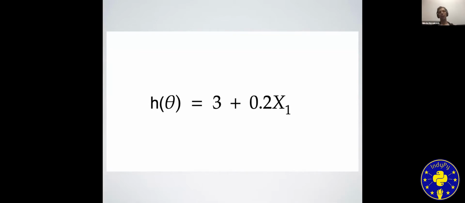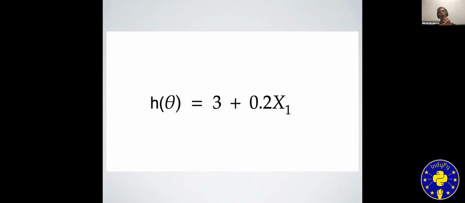But in our little use case, we're only going to pretend that years of experience matter. So what a machine learning algorithm would do is figure out these thetas. It would figure out theta 0 and theta 1 through some process, which we're going to talk about later. And then instead of x1, it would put years of experience.